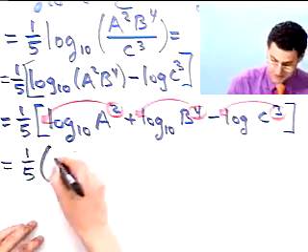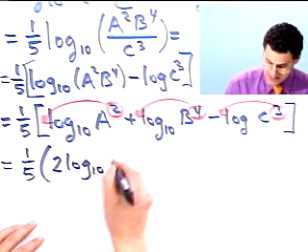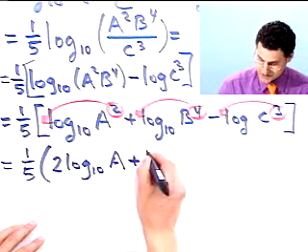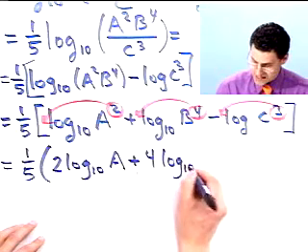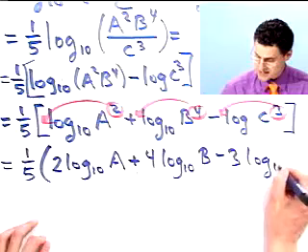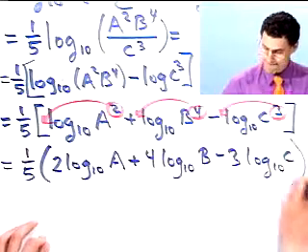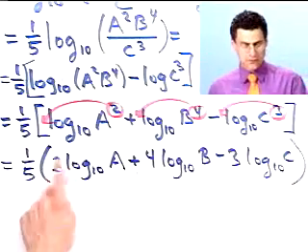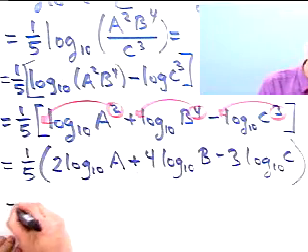1/5 times 2 log base 10 of a plus 4 log base 10 of b minus 3 log base 10 of c. And you can distribute that 1/5 throughout if you want. I'll do that. I don't know why.